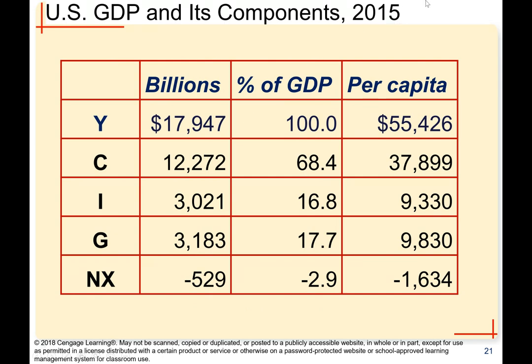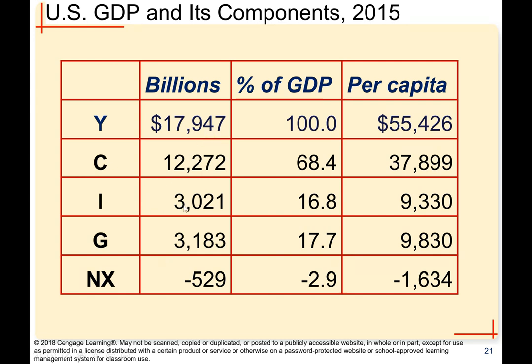GDP and its components, 2015. Y was 17,947 billion, and that is the GDP. Consumption was 12,272, which was 68.4% of GDP.